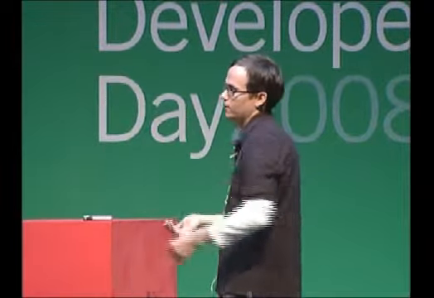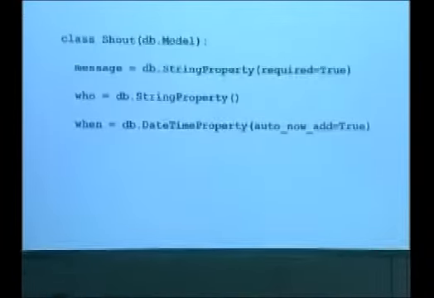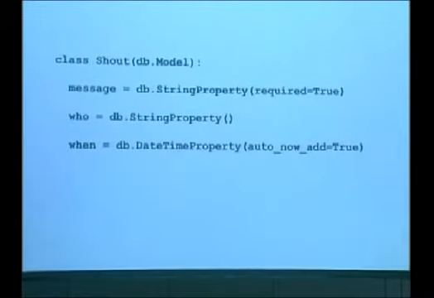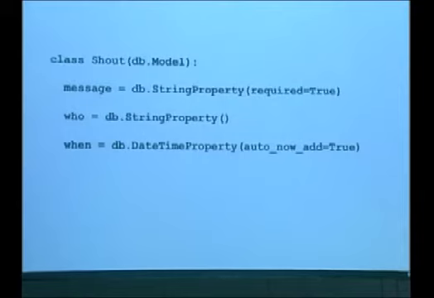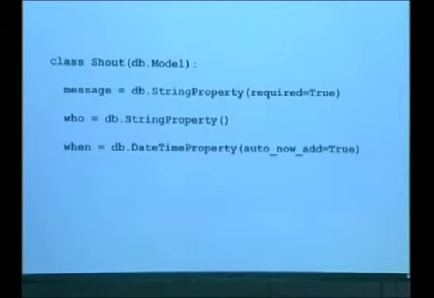We can just inherit and make modifications. So when you construct a shout entity, it's going to automatically fill the when property using the current time, so you don't have to do that inside your code. Further, you can subclass the shout entity and fill in other properties automatically based on other things. You could have a factory which constructs a shout, or you can use class inheritance to have more full control, something that you may not have had in other systems.